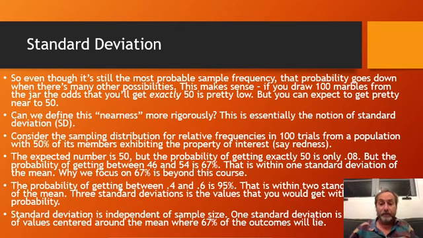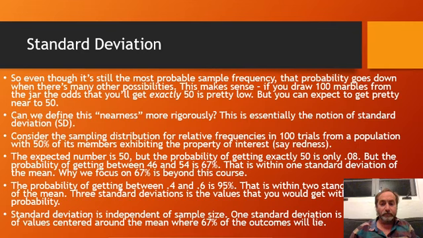That's 2 standard deviations of the mean. It gives you 95% probability that the relative frequency you see is going to come in that range. And then 3 standard deviations would give you 99% probability. We're going to be focusing a lot on this 95%, this 2 standard deviations.